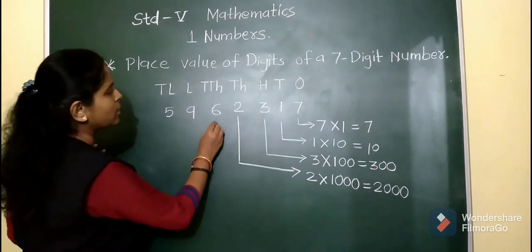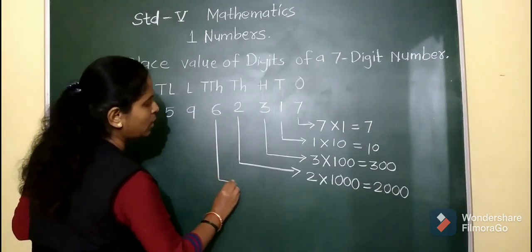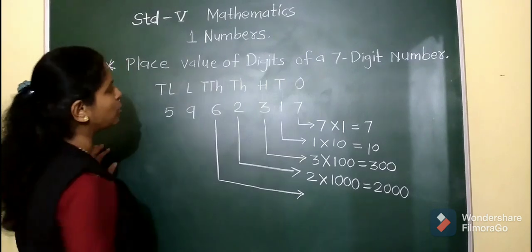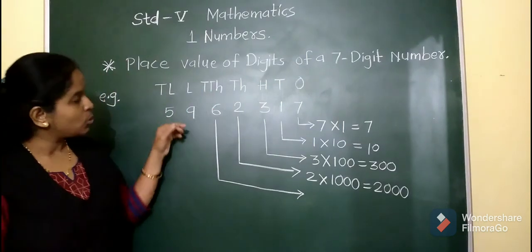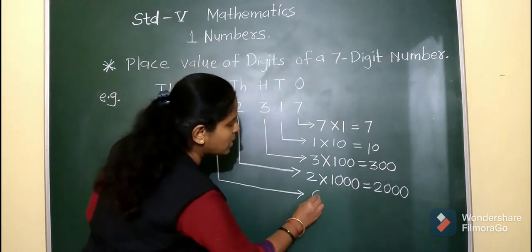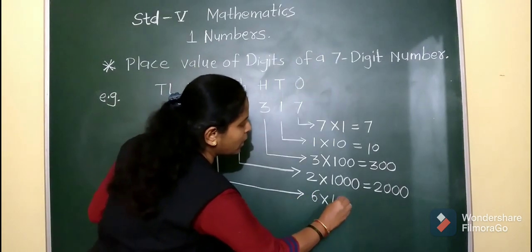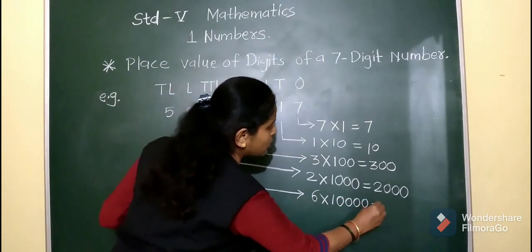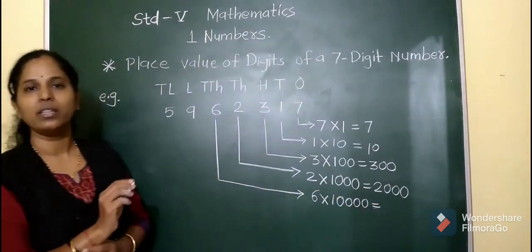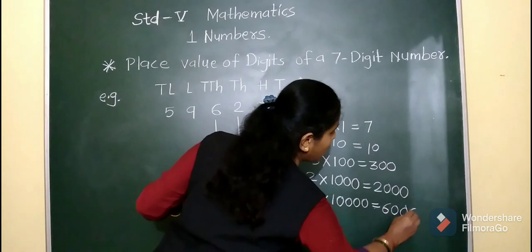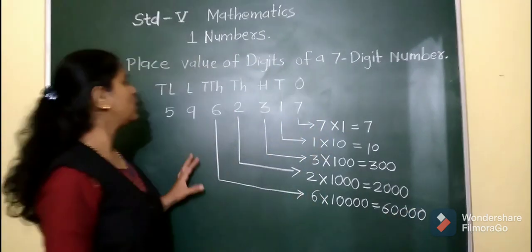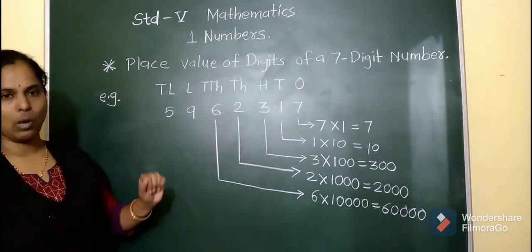Next digit is 6. 6 is at 10,000 place. So we multiply 6 by 10,000, which is 60,000. The place value of 6 is 60,000.